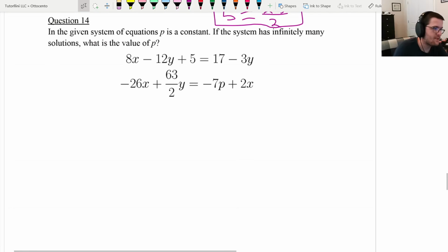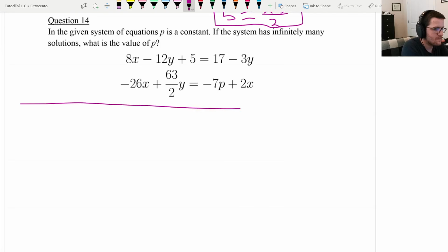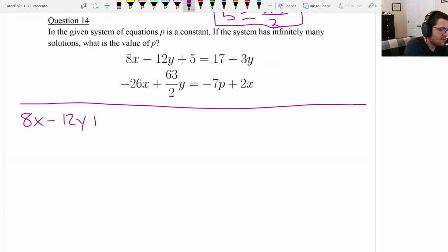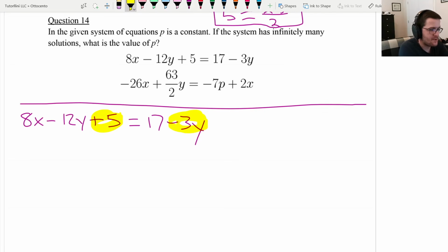Okay, so for this first one, we're going to do 8x minus 12y plus 5 equals 17 minus 3y. There's two guys that are kind of not where they're supposed to be. This one and this one. So we got to move both those.